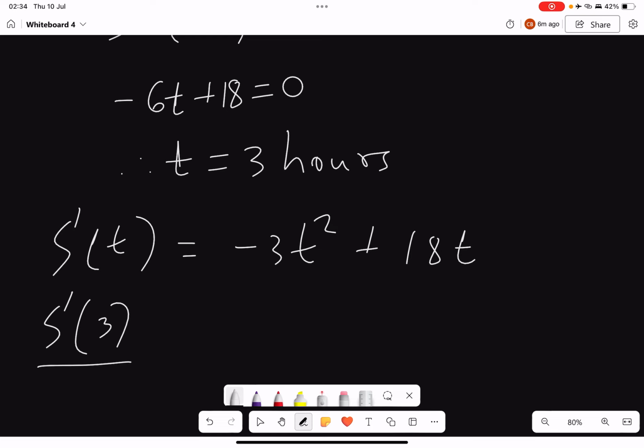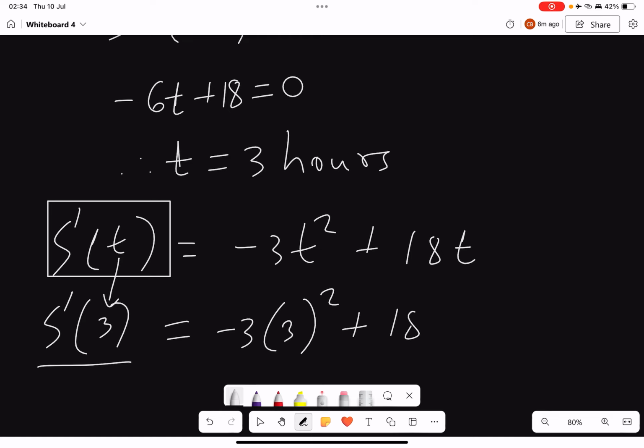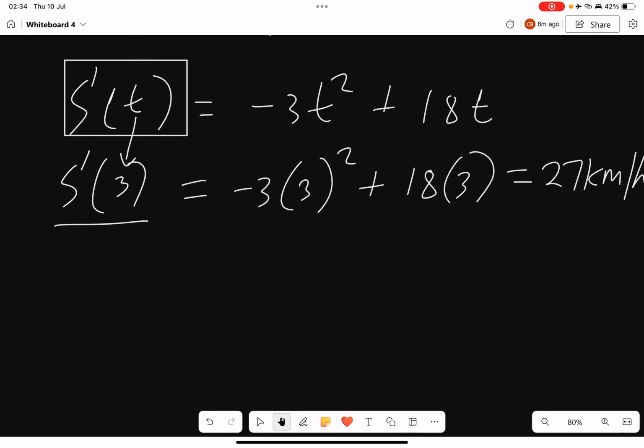That is the maximum speed. So I'm substituting the 3, and that gives us 27 kilometers per hour. I'm sure, ladies and gentlemen, you can see how consistent I am with my units of measurement. That is very important. So the cyclist hits a top speed of 27 kilometers per hour at 3 hours into the ride. Perfect.